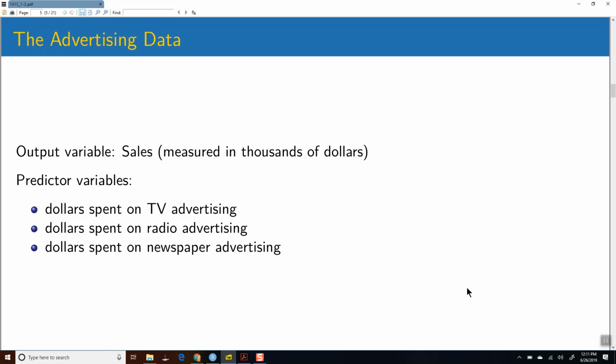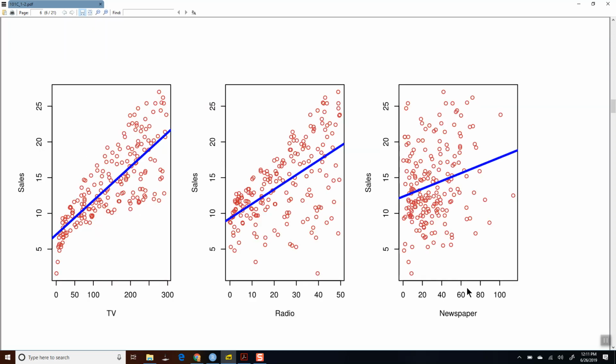I know a lot of us like to think that advertising doesn't affect us, but it totally does. It's definitely shown that if you spend more on advertising, you're going to sell more stuff. You might think, why would people spend money on Facebook ads? But it works. Here's a plot of some of these things.